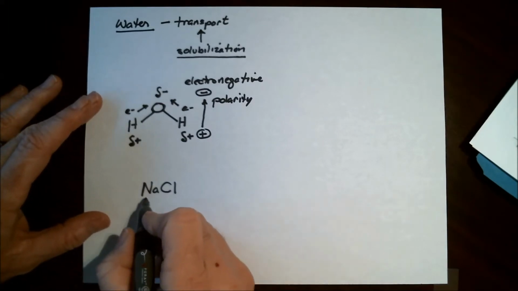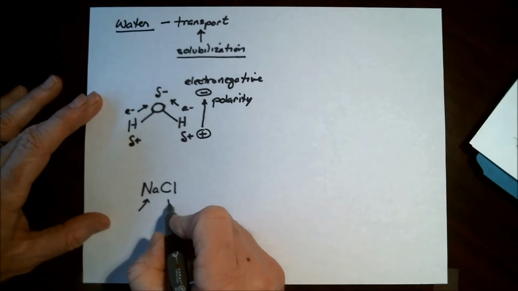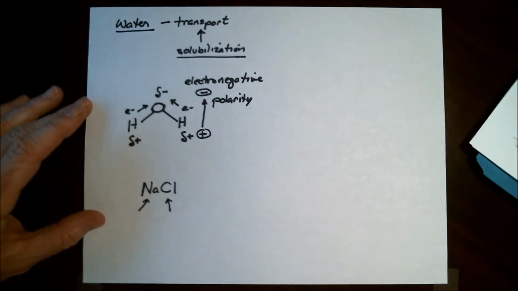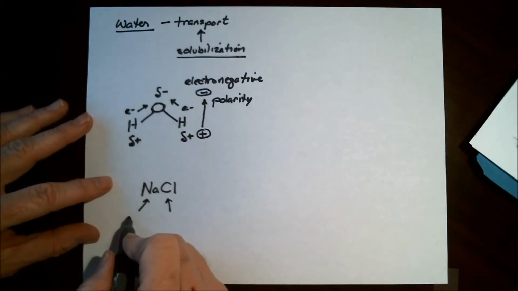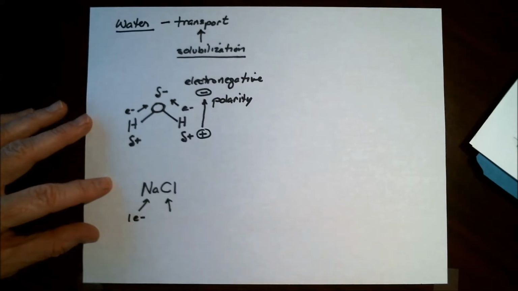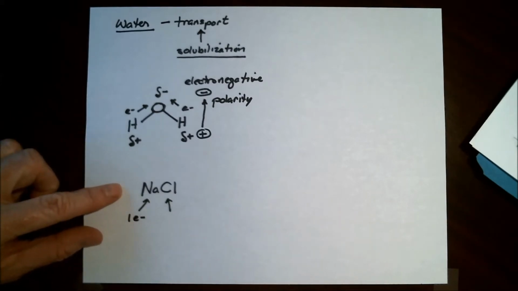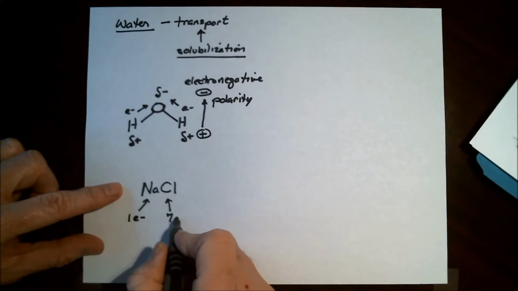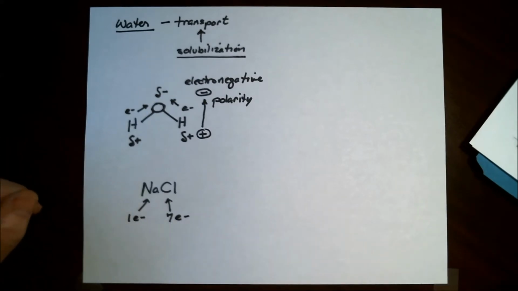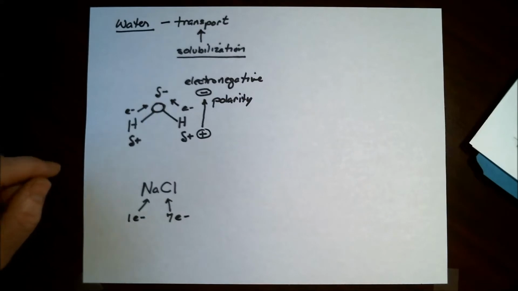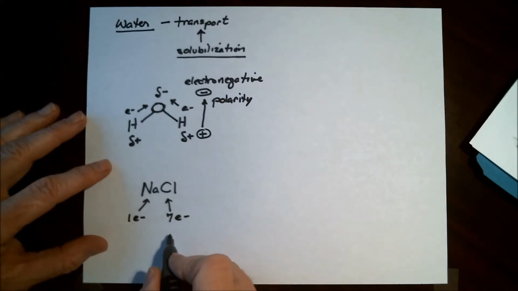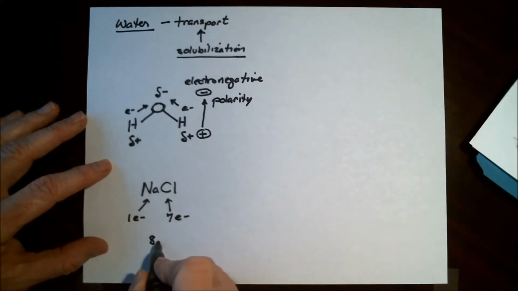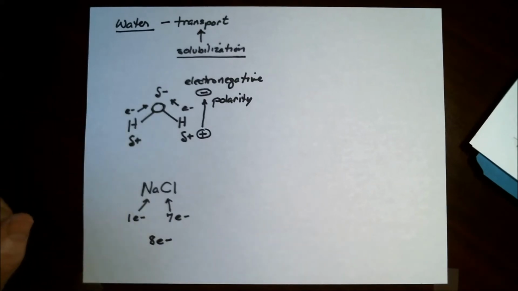So recall sodium chloride has a valence shell of electrons. The sodium has one electron on the outer valence shell that is all by itself. It doesn't like it. The chloride ion has 7 electrons on its outer valence shell, and the optimal number of electrons in that outer shell is 8.